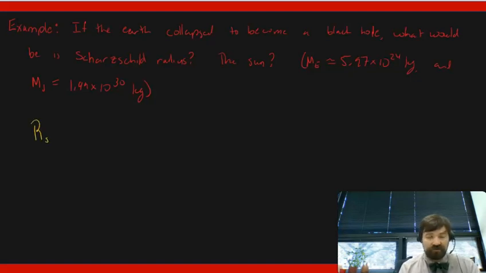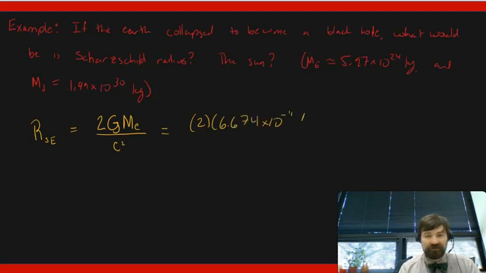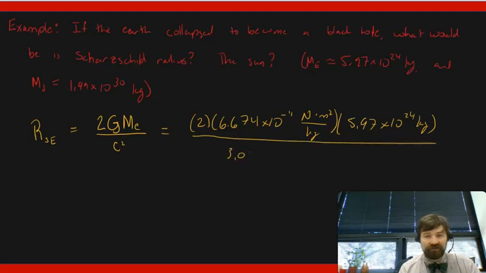So for the Schwarzschild radius of the Earth, what we would do is 2 times G times the mass of the Earth divided by c squared. And so that's 2 times 6.674 times 10 to the negative 11 newton meters squared per kilogram squared times 5.97 times 10 to the 24 kilograms divided by c squared, which is 3.00 times 10 to the 8 meters per second squared.